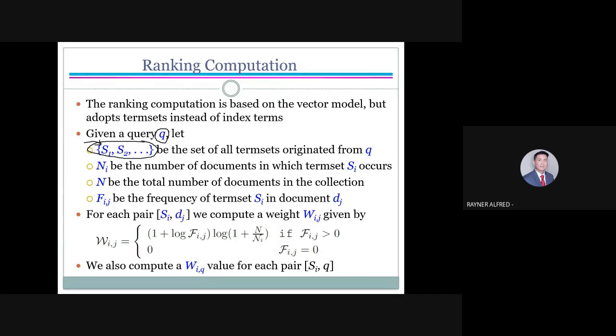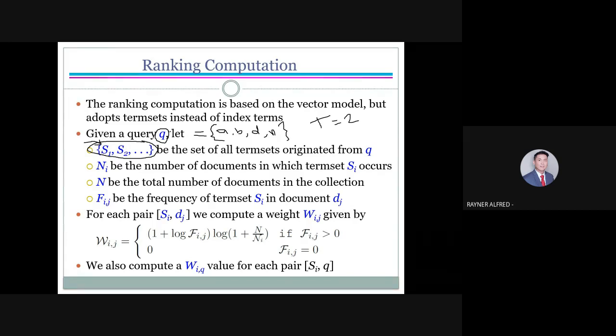Can you guess? Can you type? If my Q is A, B, D, N, and my threshold is 2, what is the number of term sets we have here, given the documents that we have?